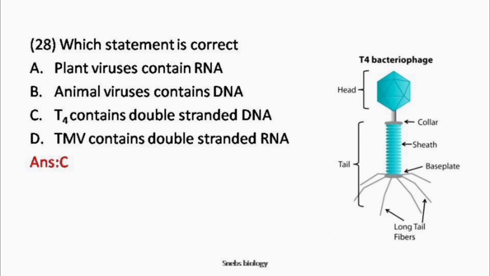So the correct answer is option C. T4 is a bacteriophage which contains double-stranded DNA as its genetic material, while tobacco mosaic virus, poliovirus, etc. contain single-stranded RNA, whereas reovirus and wound tumor virus contain double-stranded RNA. So the correct answer is option C.